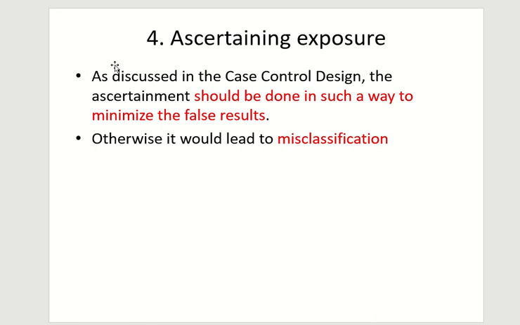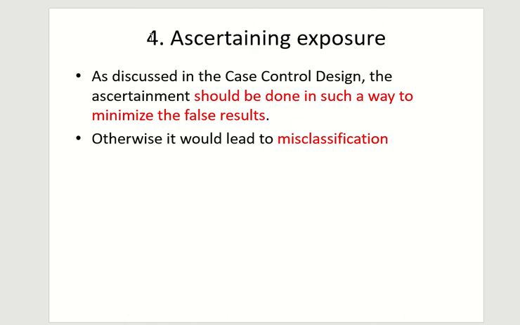Number 4 now, that's where it becomes important to make sure that your independent variable and your dependent variable, you're doing a good job at measuring these two. And you're not making an error, because every time you make an error in the independent and the dependent, meaning in the exposure and the outcome, you end up doing something called a misclassification.